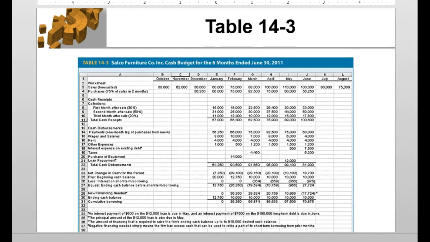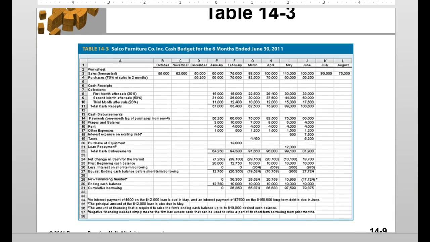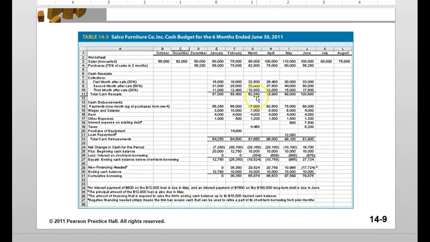So let's blow this one up and see if you can see what's going on with this. You can see we start off with our sales across the top. We put in our purchases that are going to be 75%. This has been traditional.